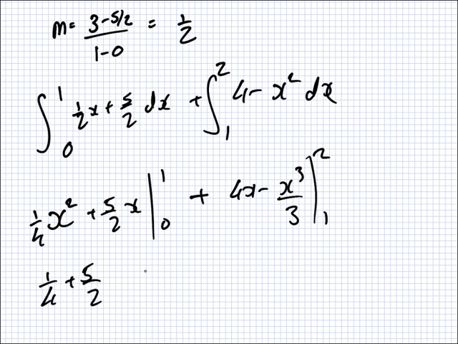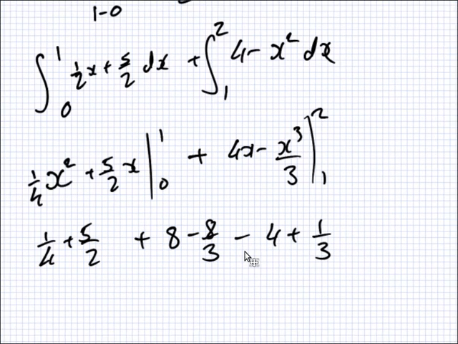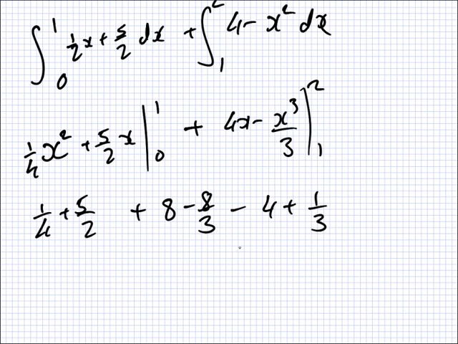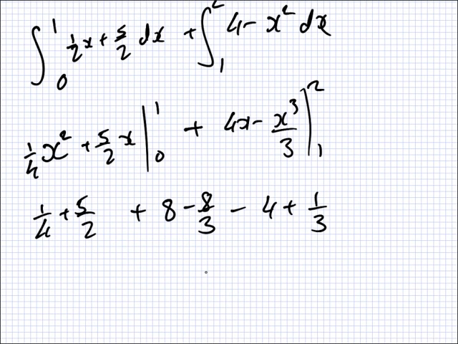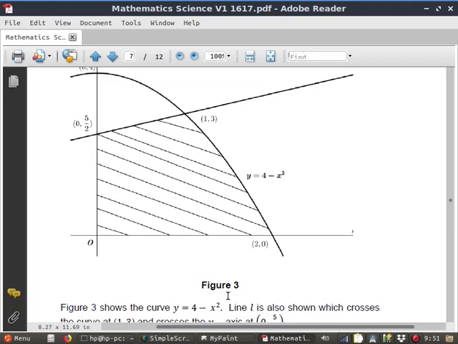If I put in 0, I get nothing. If I put in 4, I get 8 minus 8 over 3. And then if I put in 1, I get minus 4 plus 1 over 3. So what does this all work out at in the end? 53 over 12? Super. Okay.